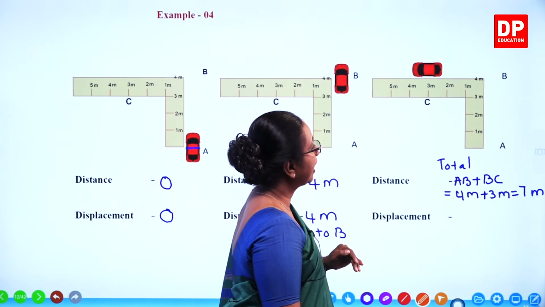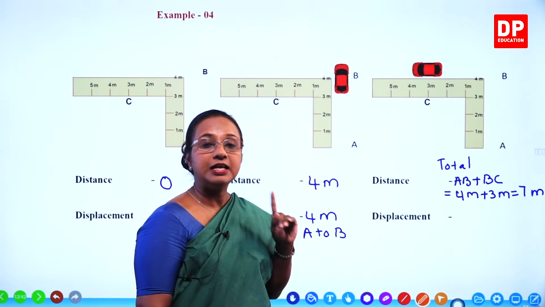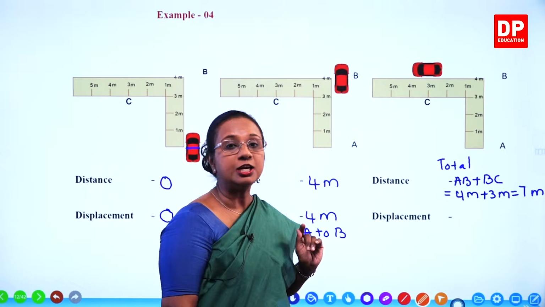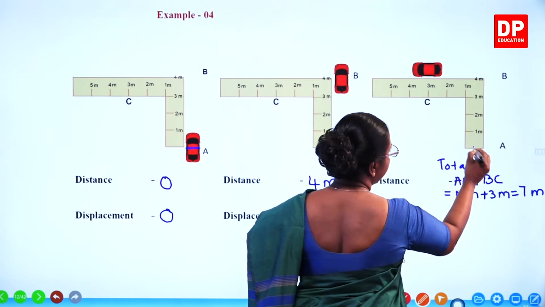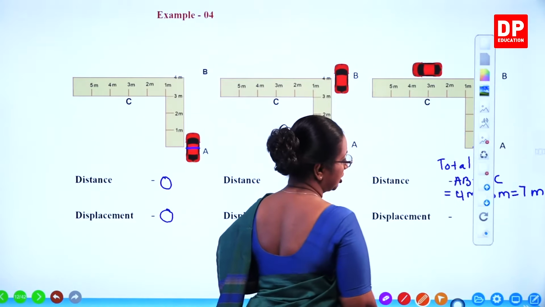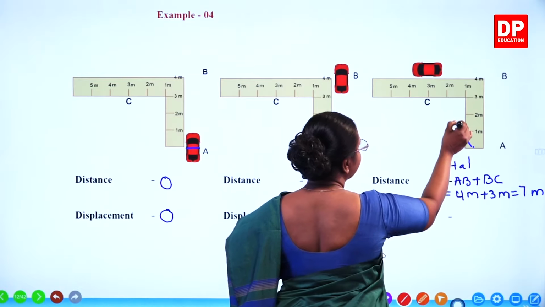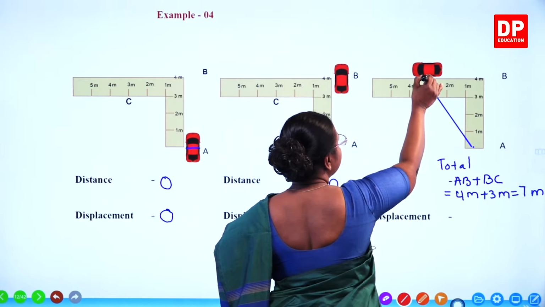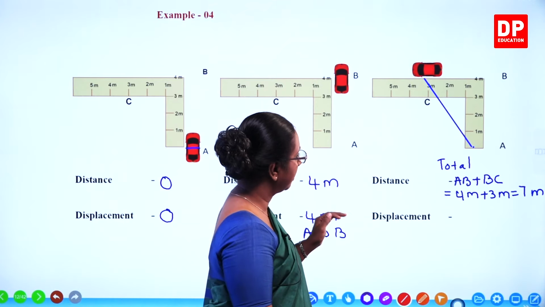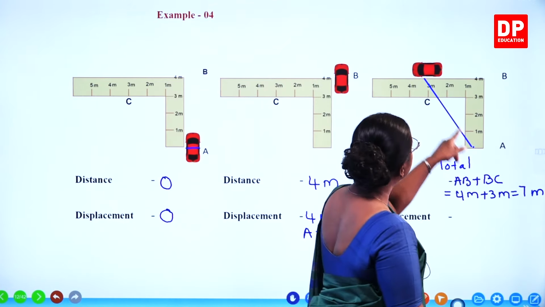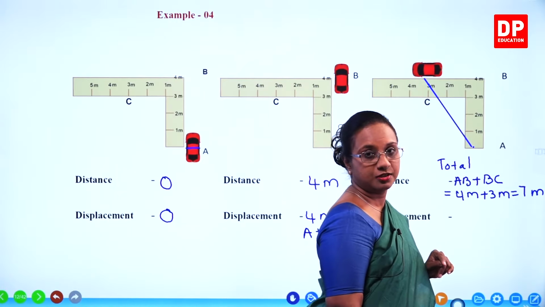Now if you look at the displacement, we need to consider the initial position and the final position. Initial position is A and the final position is C. So if we use a line to indicate the initial and final positions of the car, it is from A to C and it is in this direction.